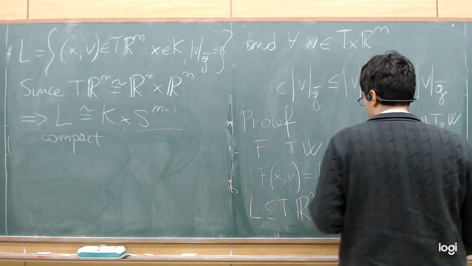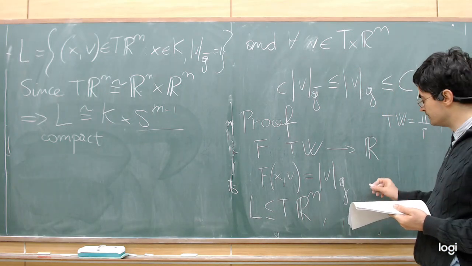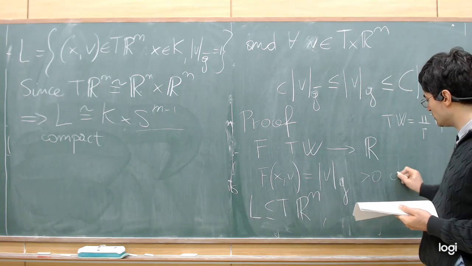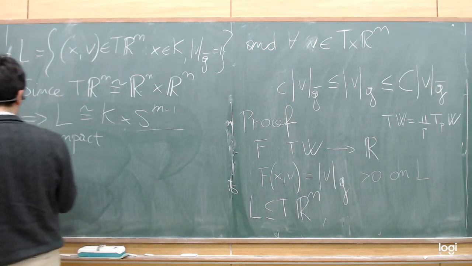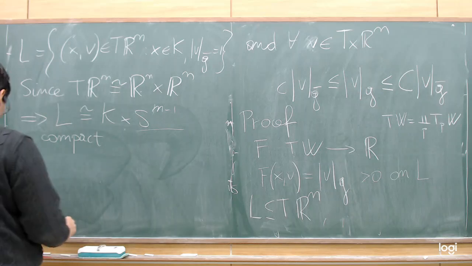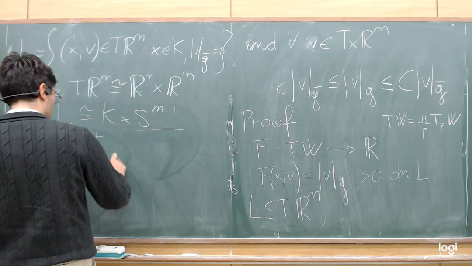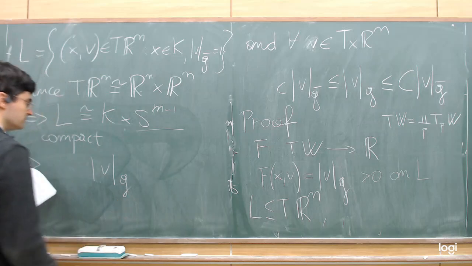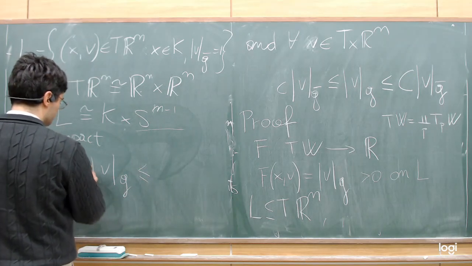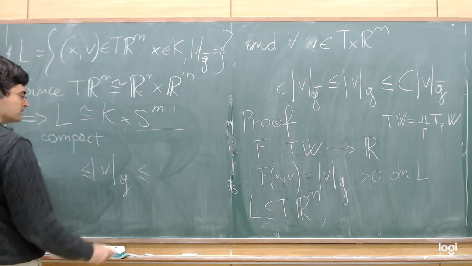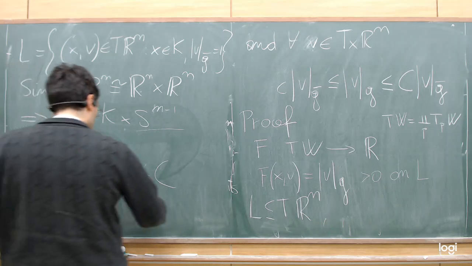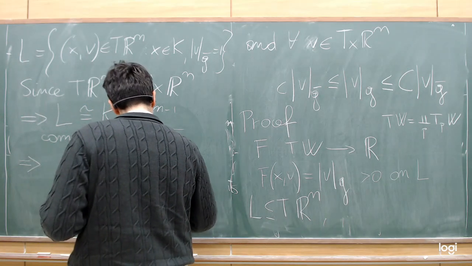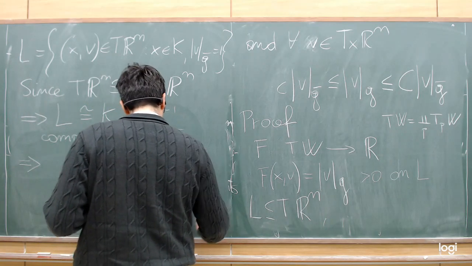The function f is clearly positive on L. So this implies that the length of v with respect to g can be bounded this way for each (x, v) in L.